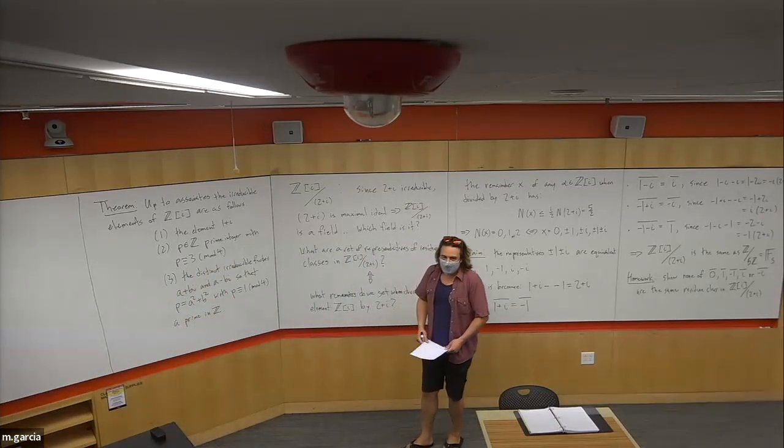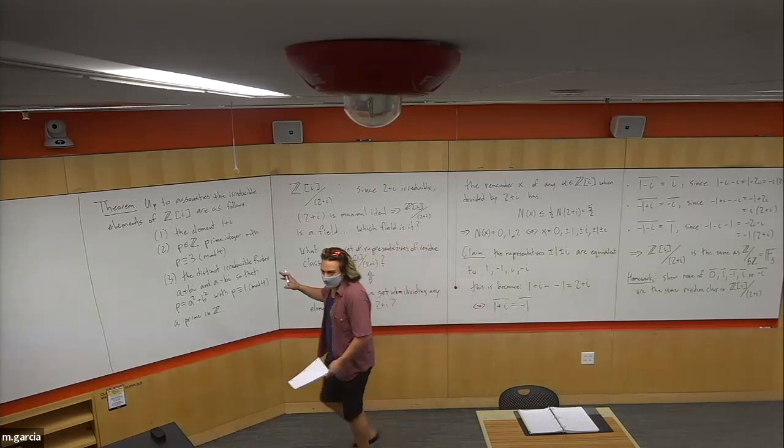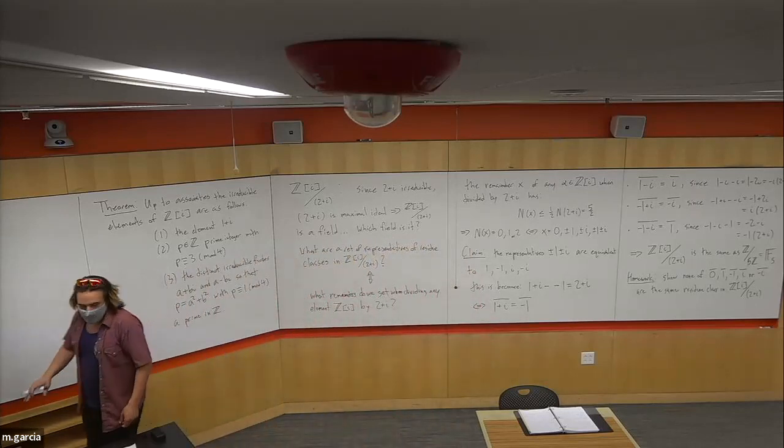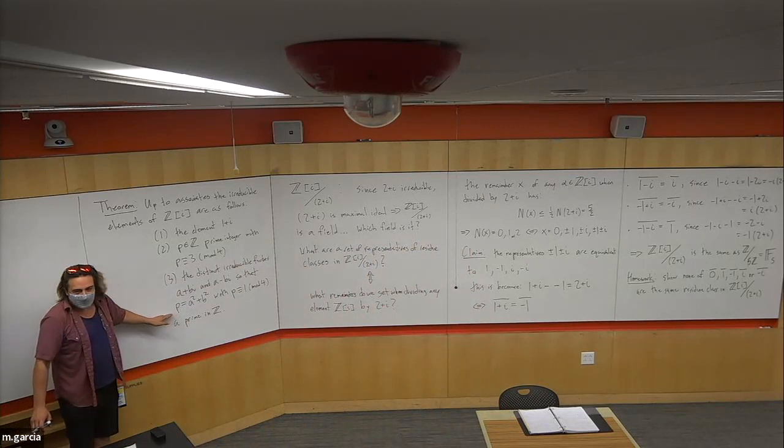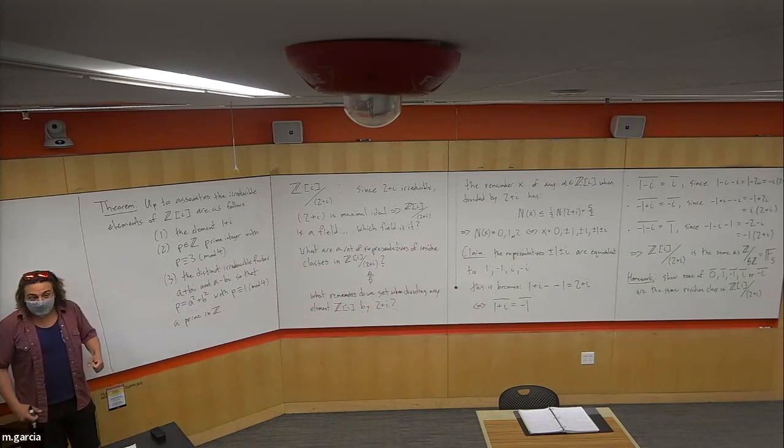Okay, so we've skirted this phenomenon a few times, right? We showed that 5 is reducible in Z[i]. It's 2 plus i times 2 minus i. Turns out that this phenomenon is general. Any prime congruent to 1 mod 4 can be factored in the Gaussian integers.